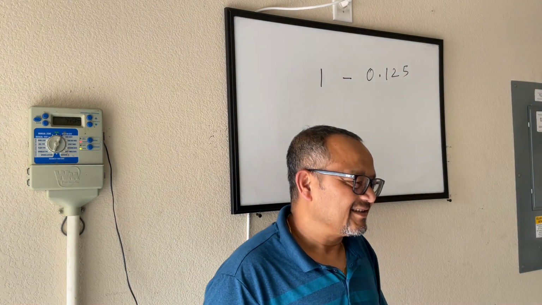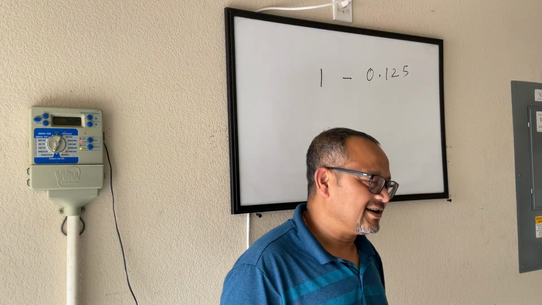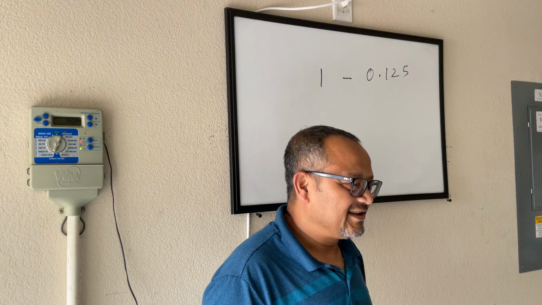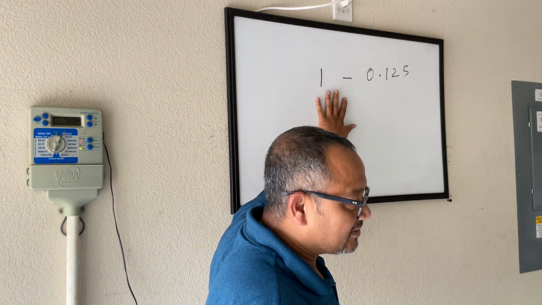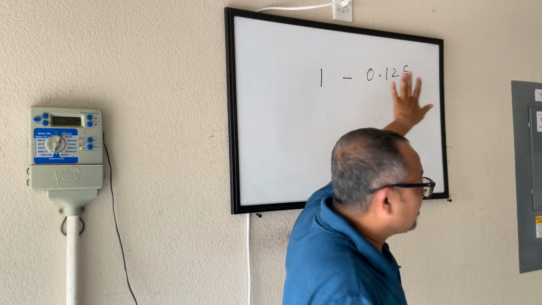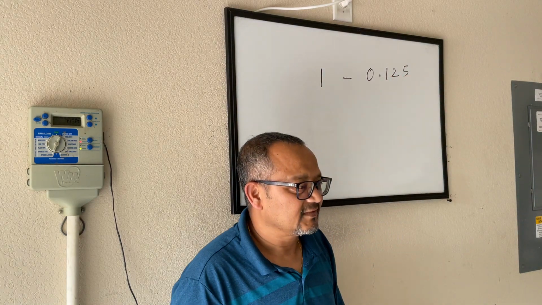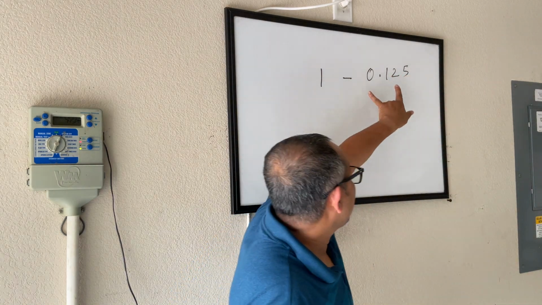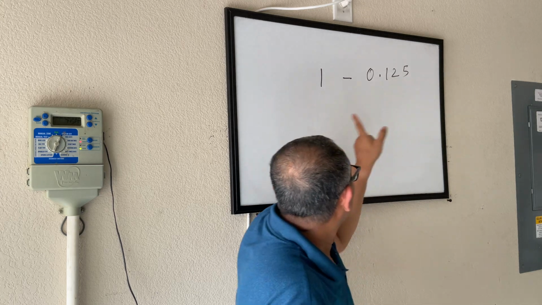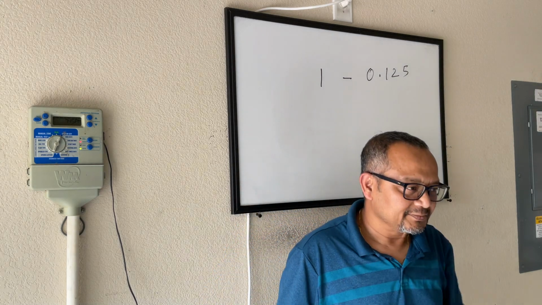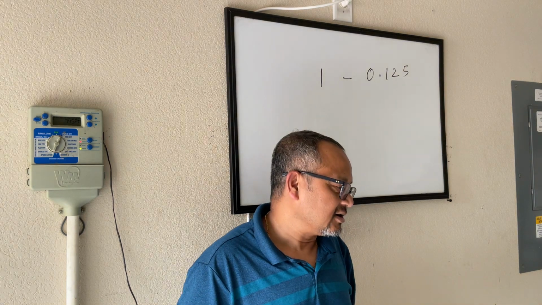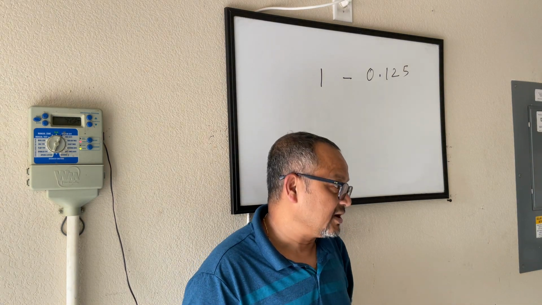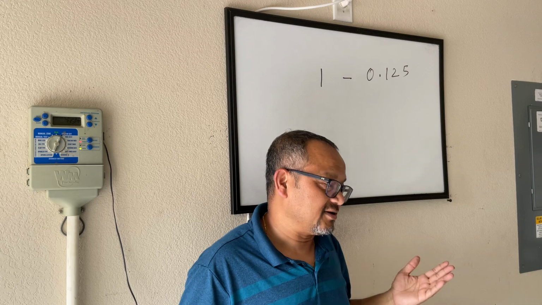I'll do it. Okay, Ahana, Kian, everybody is trying, right? I'm giving you a simple problem, okay? 1 minus 0.125. Meaning you're trying to subtract 0.125 from 1. Give it a try. If you do it right, I'll be happy. If you go wrong, I'll be happier.